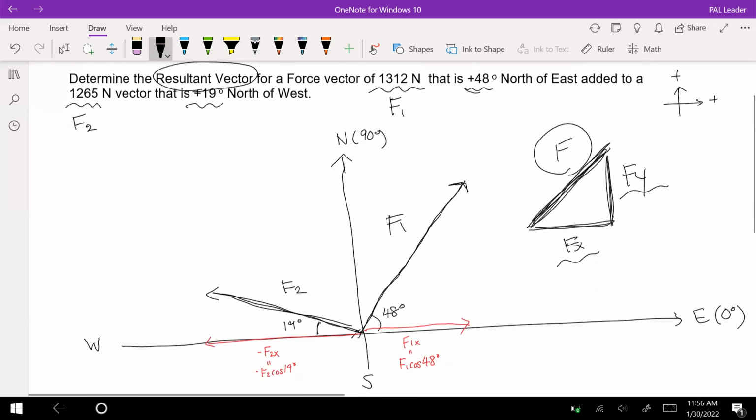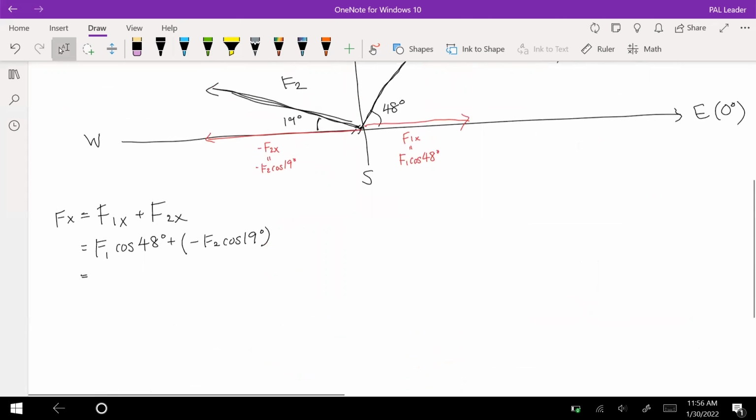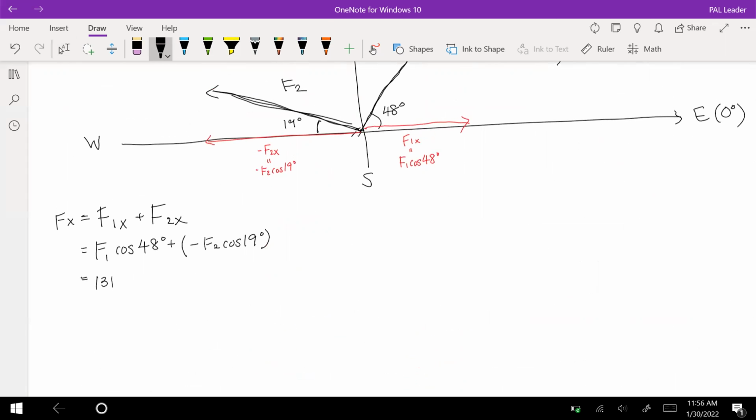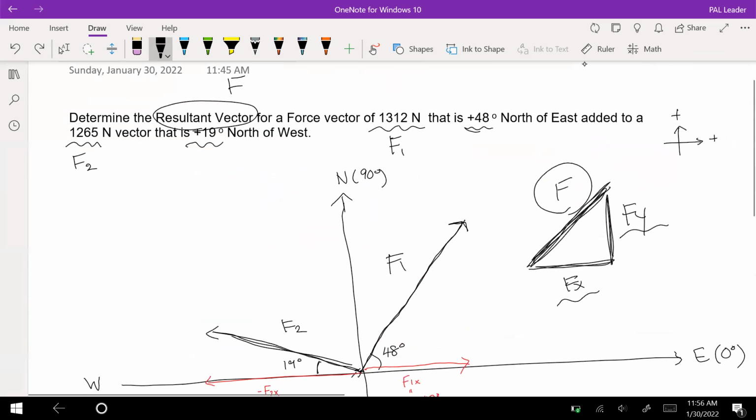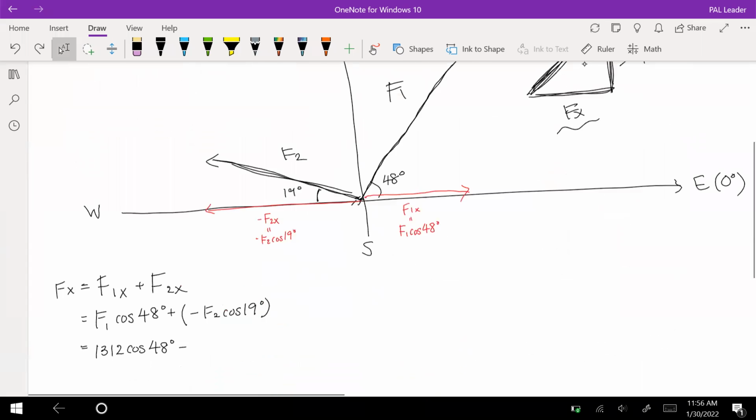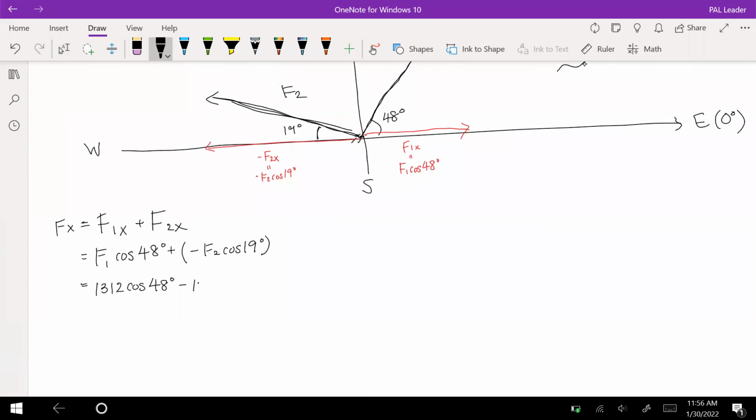F1 was 1312, so 1312 cosine 48, actually, I'm going to just get rid of that plus right here because of the negative, so it'd be minus F2, which was 1265, 1265 cosine 19 degrees.